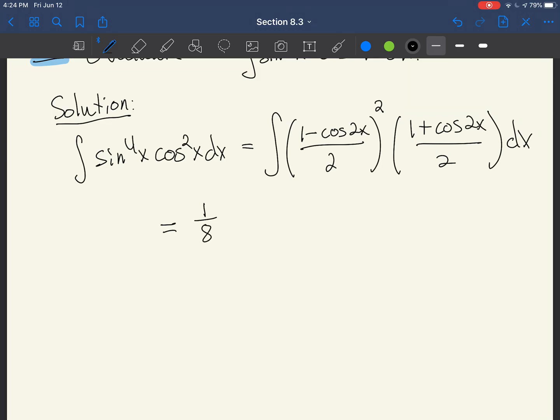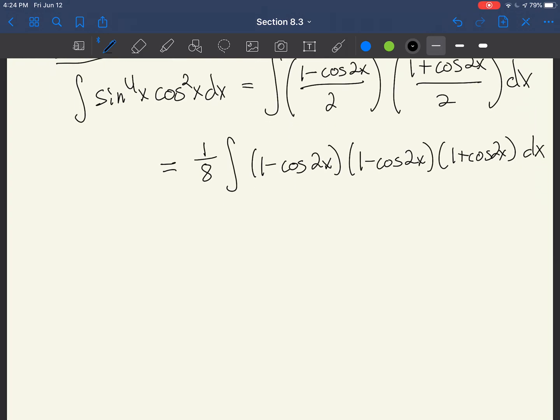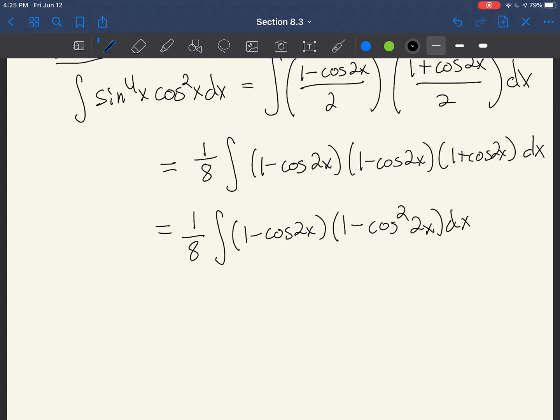This is 1/8, pulling out the denominators, integral of 1 minus cosine 2x times 1 minus cosine 2x times 1 plus cosine 2x dx. Which is 1/8 integral of 1 minus cosine 2x. And then here we have a difference of squares, or a special product that will be a difference of squares. 1 minus cosine squared 2x dx.